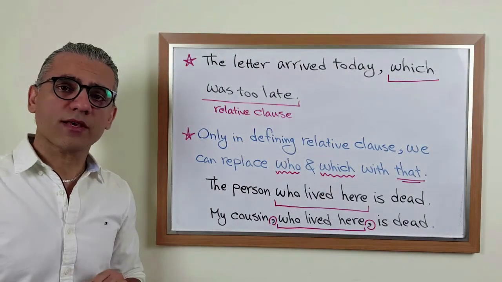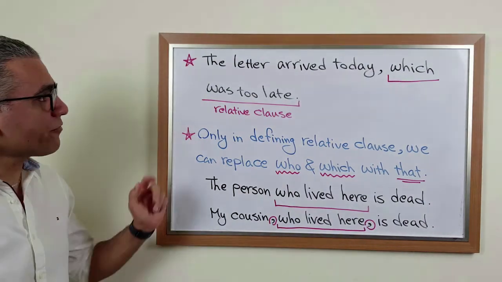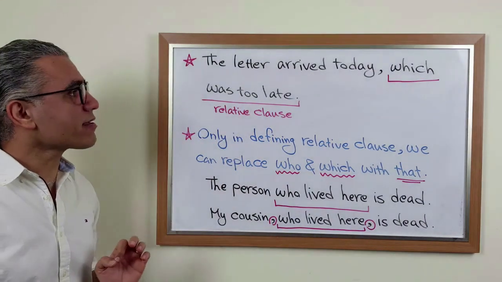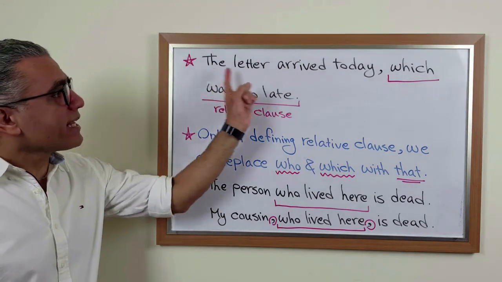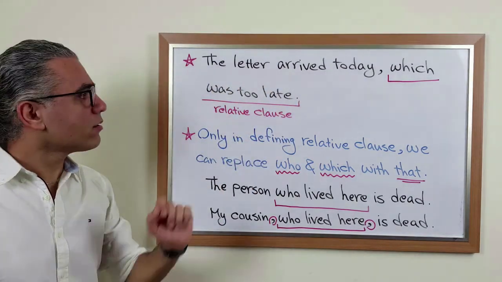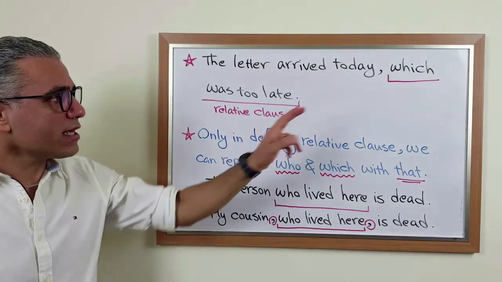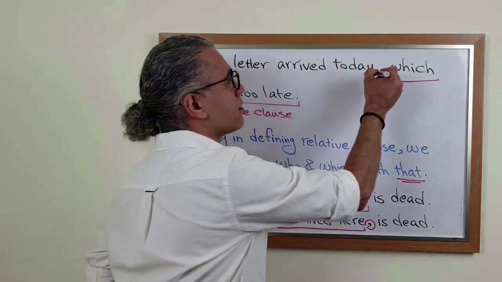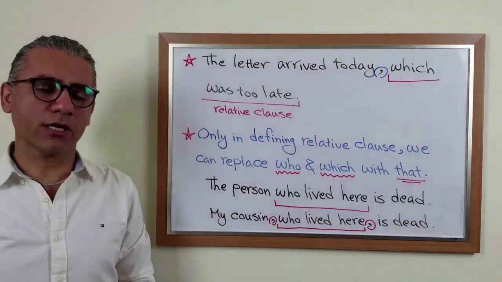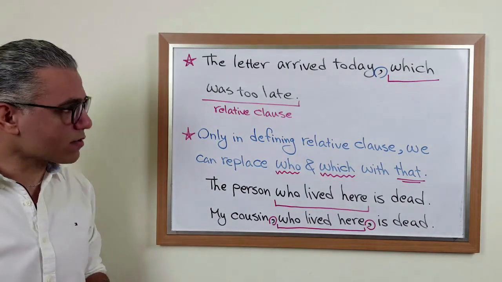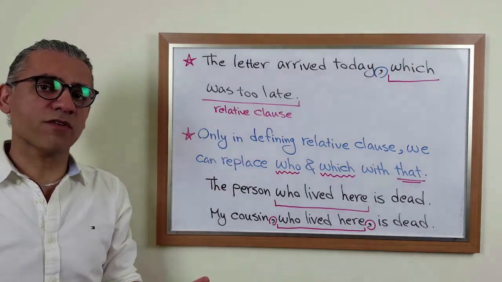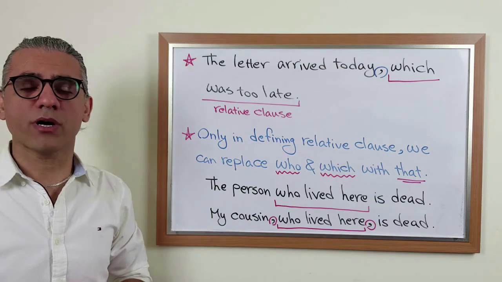Okay, two points about relative clauses. First point, I say with an example. The letter arrived today, which was too late. This is, again, because of the punctuation in here and also because of the meaning of the sentence. This relative clause is giving us extra information about the event.